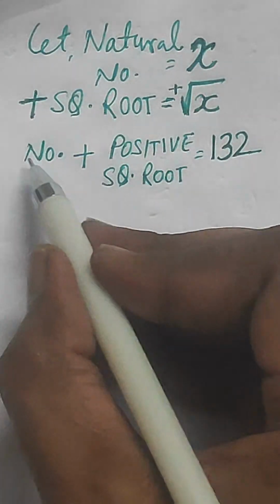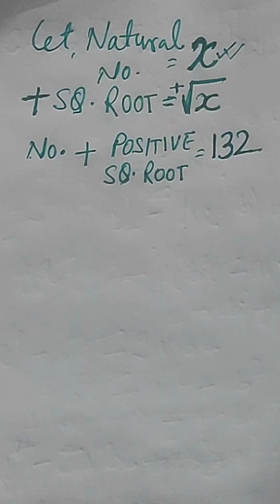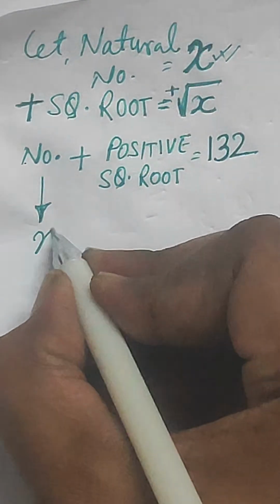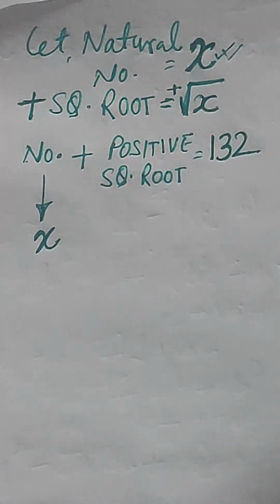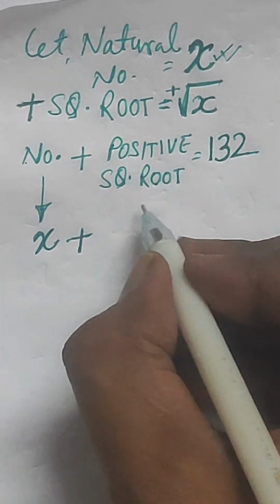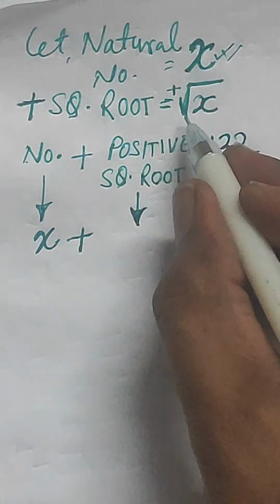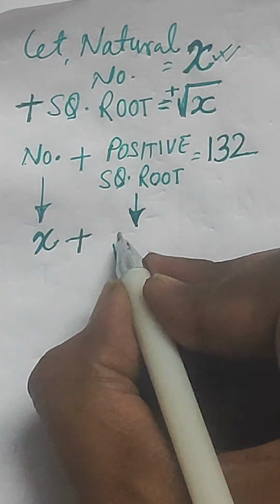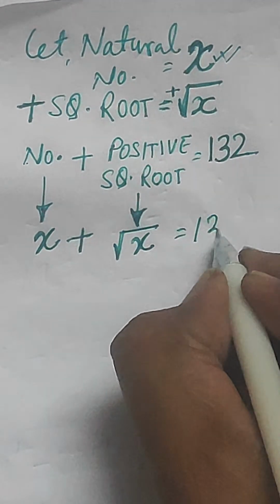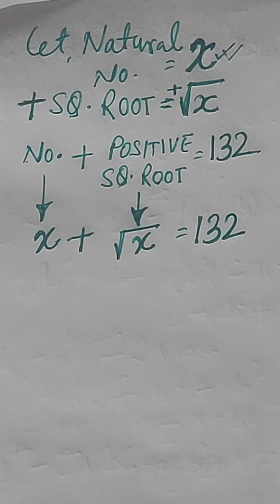The number, as we have already assumed, is x, so we can write x in place of the number, plus its positive square root, root over of x, and this is equal to 132. Now we need to find the number.